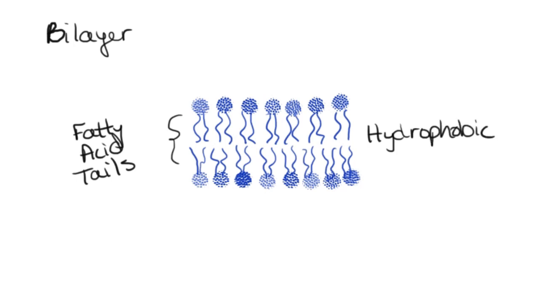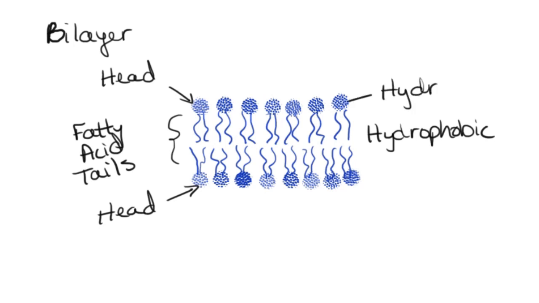Outside of that, at the top and also at the bottom, we have the head groups. The head groups contain the phosphate groups and any other, often nitrogen-containing, groups attached to them, and they tend to be very hydrophilic.